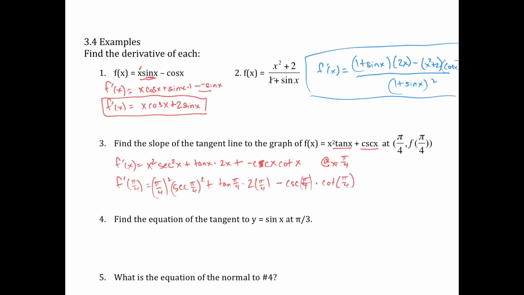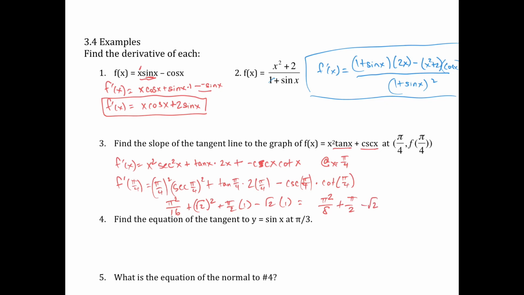Okay, doing all these, I end up with pi squared over 16 plus root 2 squared plus pi over 2 times 1 minus root 2 times 1, which ends up equaling pi squared over 8 plus pi over 2 minus root 2.